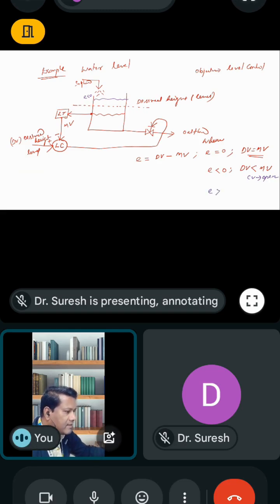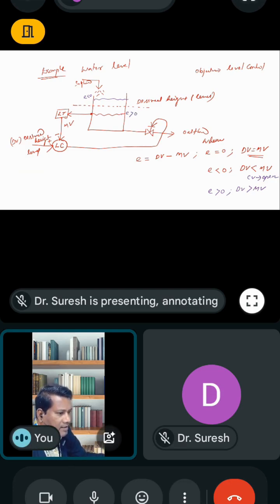When the error is greater than 0, that means positive error. In that case, the desired value is greater than the measured value. So the desired value is shown in the red dotted line, and this is the actual value when the error is greater than 0.